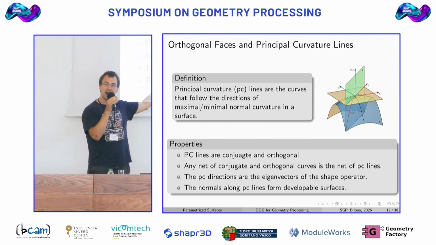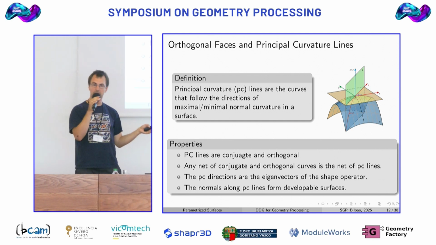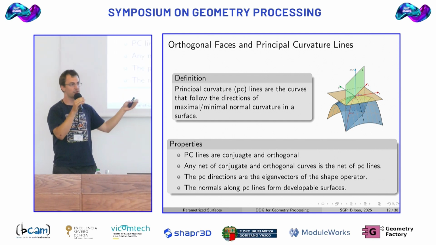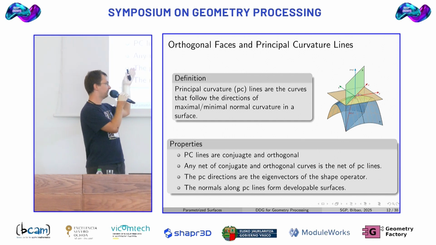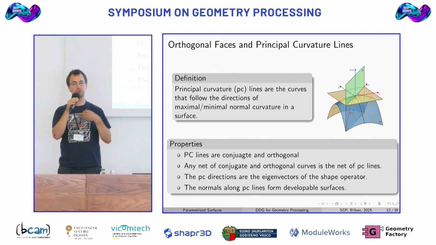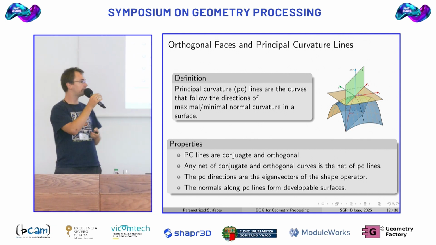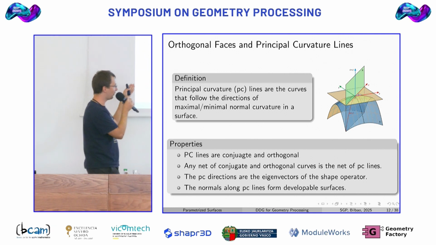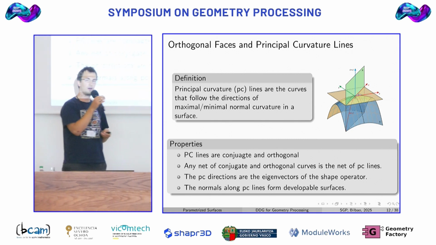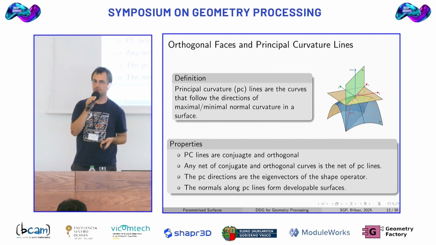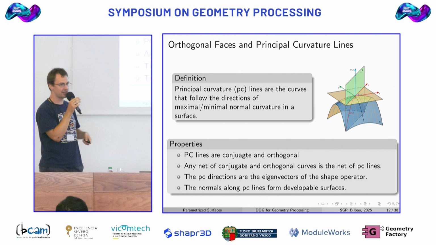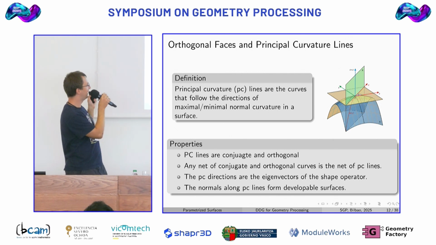They are the eigenvectors of the so-called shape operator. This can also be useful to find principal curvature directions if you have a smooth representation of your surface. And the normals along a principal curvature line also form a developable surface. I will mention this a bit later again.